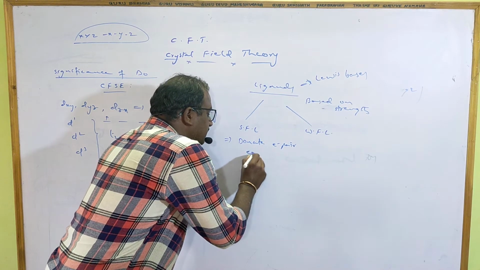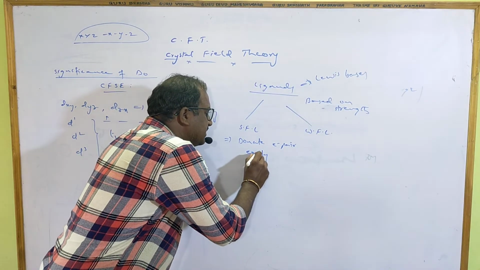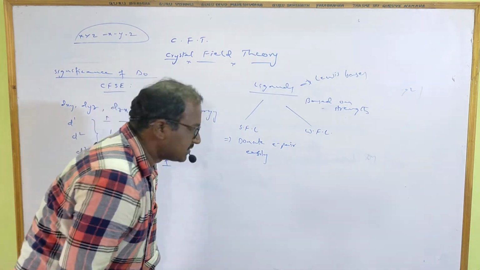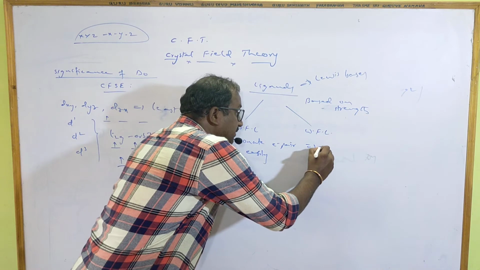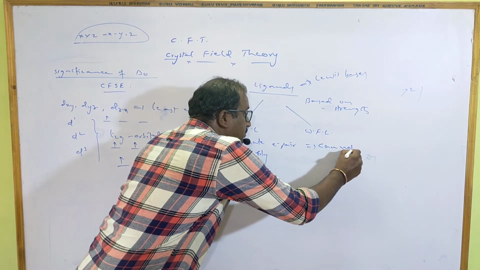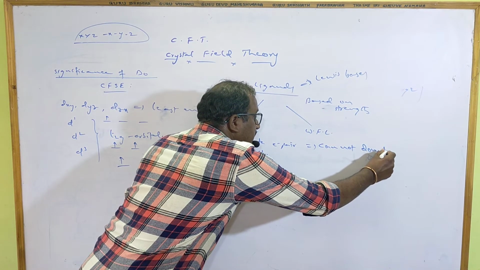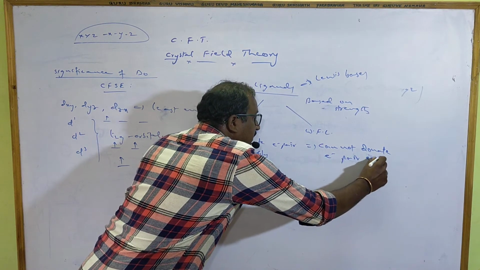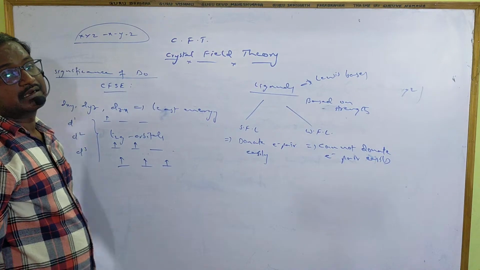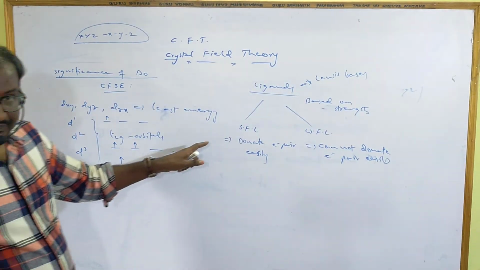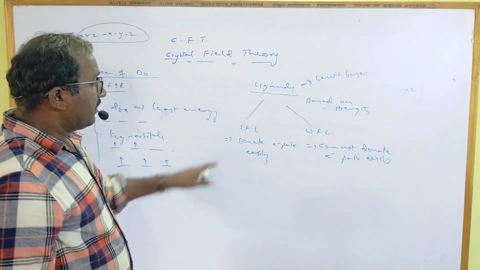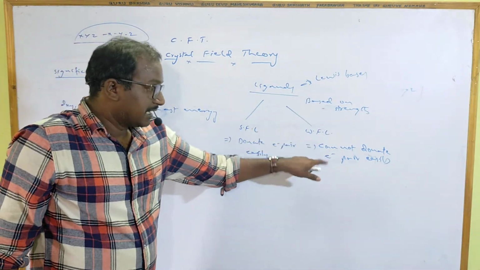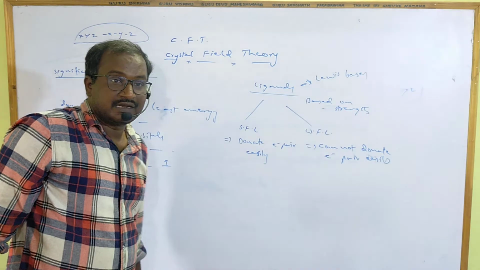Reason, its structure, so many things are there. So, if they donate an electron pair easily, we call them strong field ligands. If they cannot donate an electron pair easily, they are called weak field ligands.